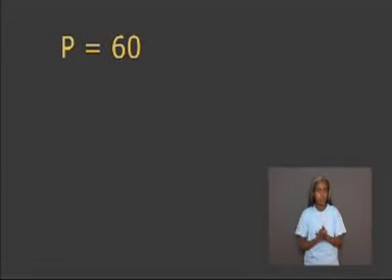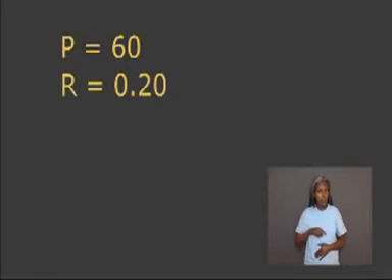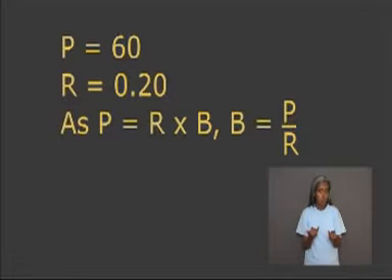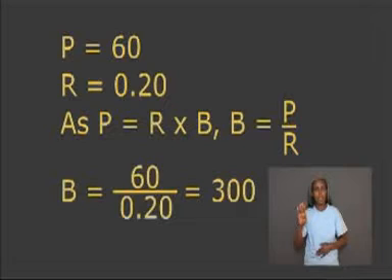We could pose this problem in a different way and ask, 60 is 20% of what number? We know that our percentage is 60 and our rate is 20%. Now, we simply solve for our base, B, and find that our answer is 300.